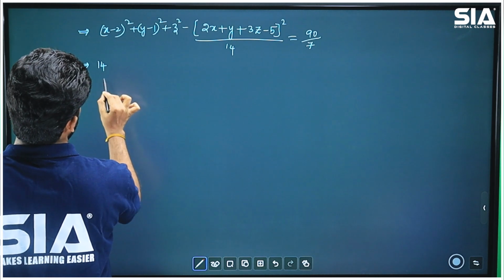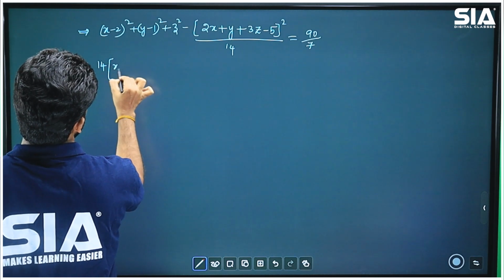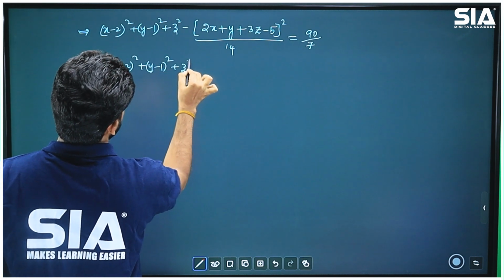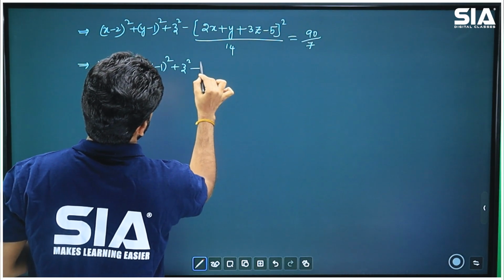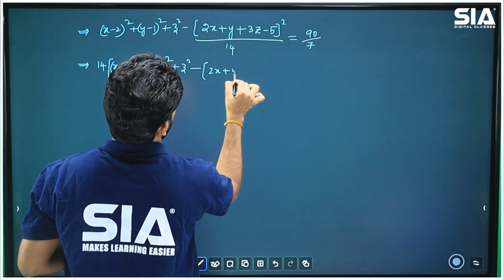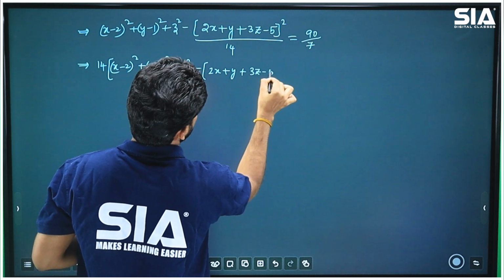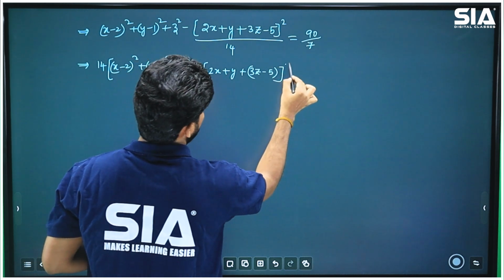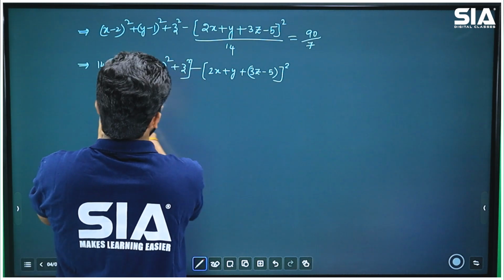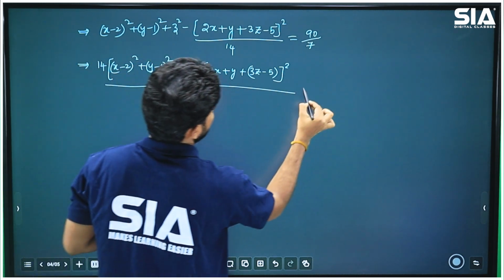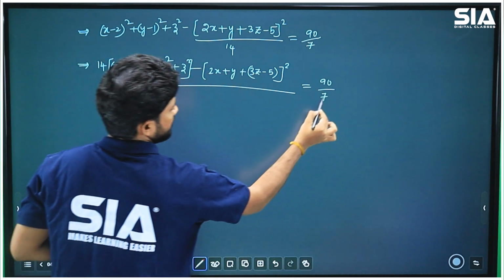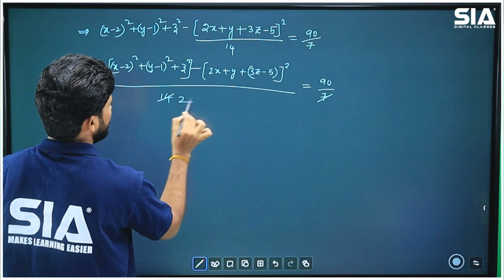LCM is 14: [14((x - 2)² + (y - 1)² + z²) - (2x + y + 3z - 5)²] all divided by 14, equal to 90 by 7. Okay, so 7 ones are 7, 7 twos are 14, cancel.